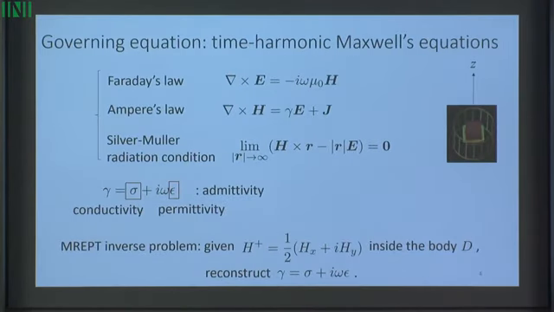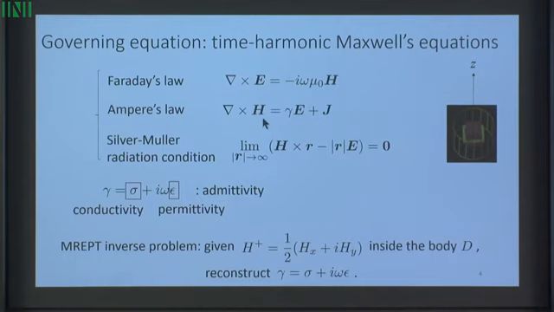The governing equations are the time harmonic Maxwell equations. Denoting the electric field by E and the magnetic field by H, they satisfy Faraday's law as well as Ampere's law. Here omega is the frequency corresponding to 128 megahertz, and mu 0 is the permeability, which can be assumed to be constant inside as well as outside the body.